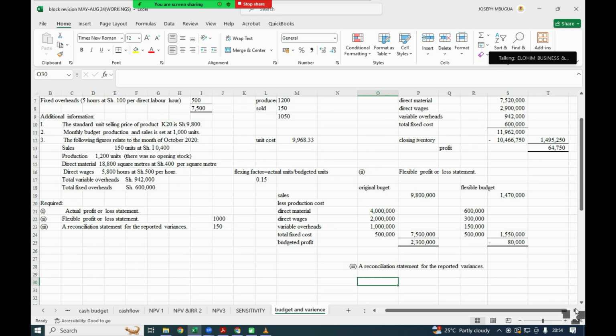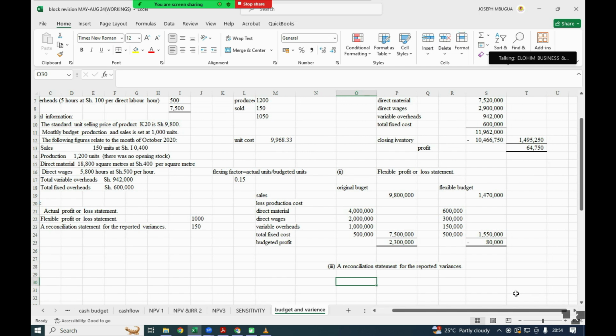Original and actual is the one that we are using to calculate the variance, not the flexible, because the flexible we have gotten from the original. So the variances come from what we had budgeted initially and what we got as our actual results. Remember, the flexible is normally prepared at the end, after we have obtained the actual results.